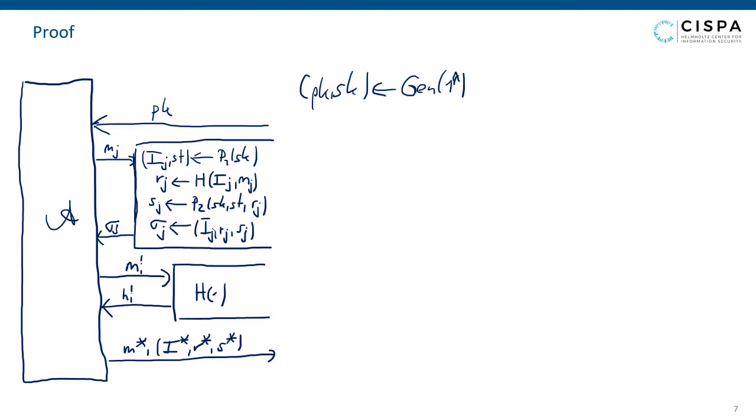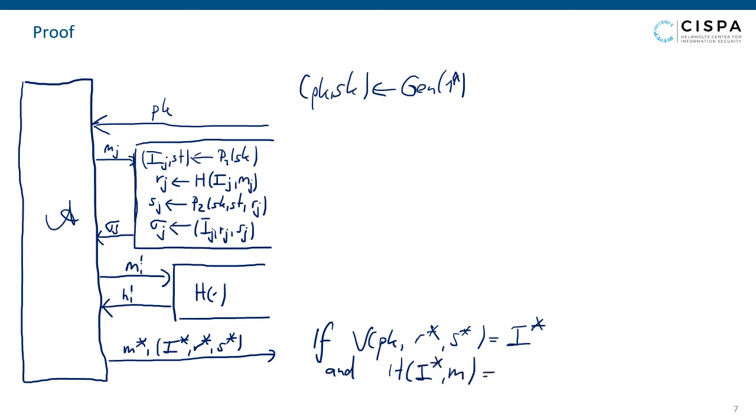And the adversary wins if V of PK, I*, R*, and S* equals, pardon me, of course the I* is not an input here, V of PK, R*, S* equals I*, and H of I*, M* equals R*.